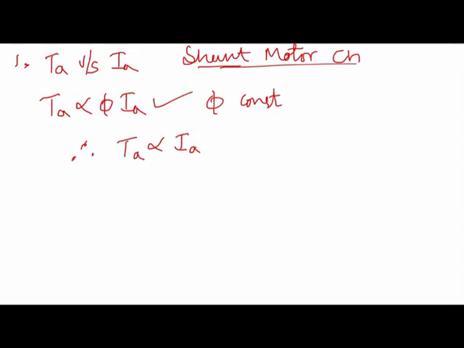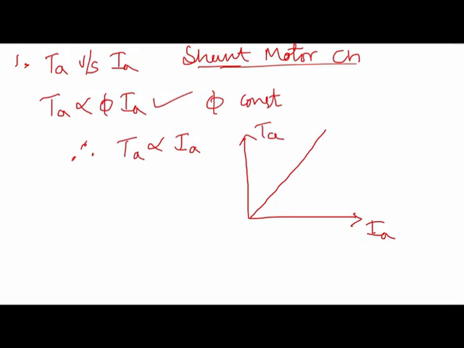If we plot the graph of torque with respect to armature current, since both are directly proportional, the graph will be linear. When IA increases, the torque also increases. So this is the torque versus armature current characteristic of the DC shunt motor.